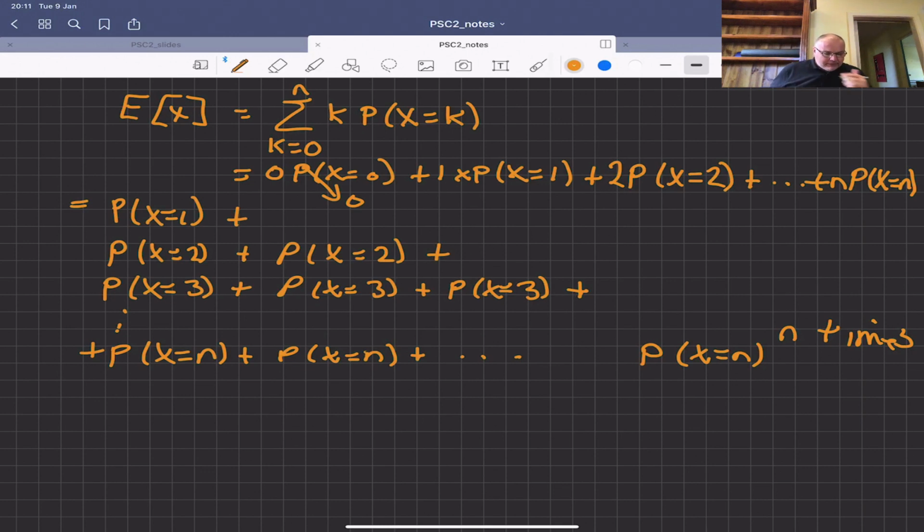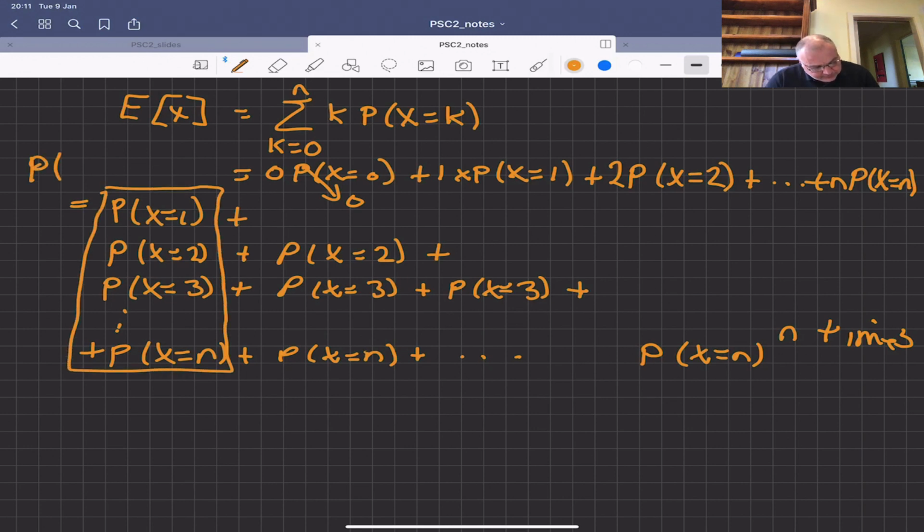Well, look at this. What's this first column here? This column is the probability that X is greater than or equal to 1, because I've got the probability that X equals 1, then 2, then 3, all the way up to n. That's good. What about this next column?